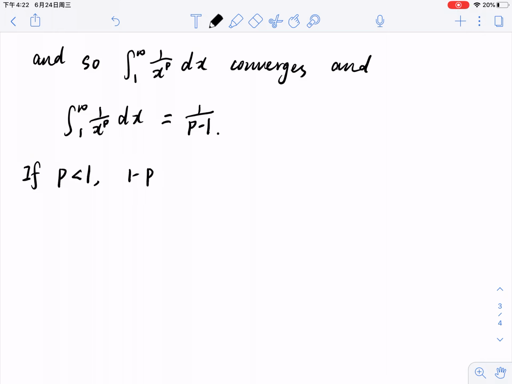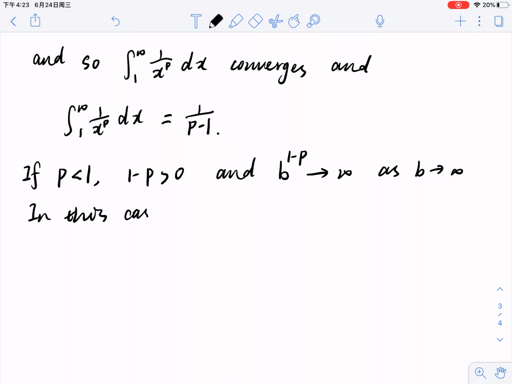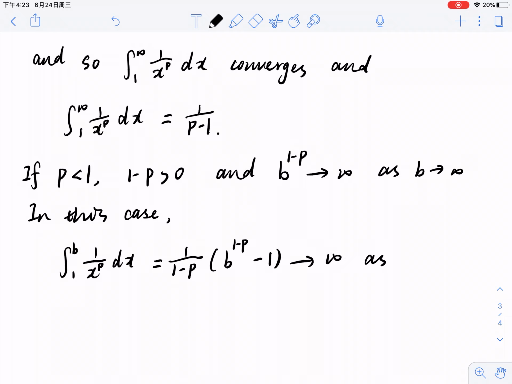Then 1 minus p is positive, and b to the 1 minus p goes to infinity as b goes to infinity. In this case, the integral from 1 to b is equal to 1 over 1 minus p times b to the 1 minus p minus 1. This goes to infinity as b goes to infinity. So the integral diverges.